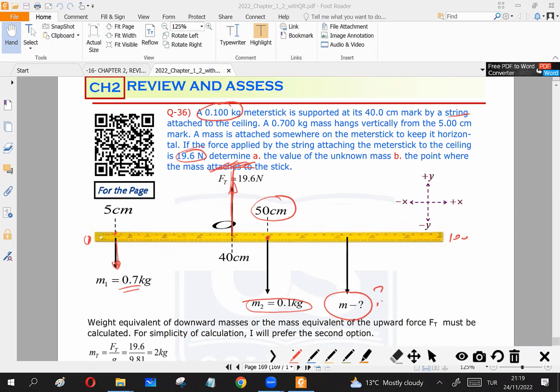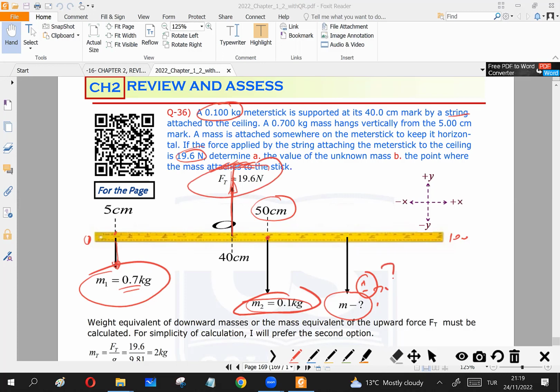Mass can be easily calculated because there is one unknown mass, because each mass causes a force. And there is, in this case, just one unknown mass and just one unknown force. M1 is known, M2 is known, Ft is known. This is the only unknown.